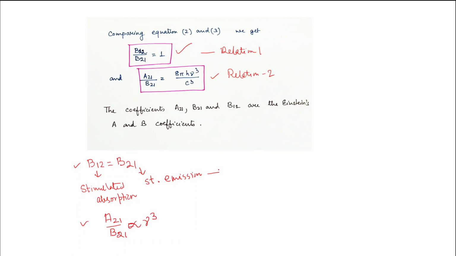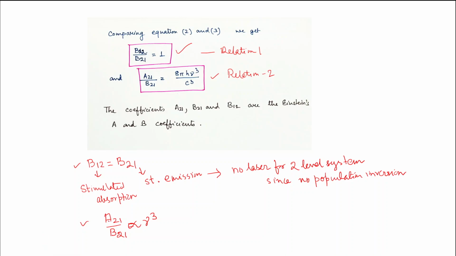So let me just write here in the previous part, no laser for two-level system, since no population inversion. I hope it is clear.